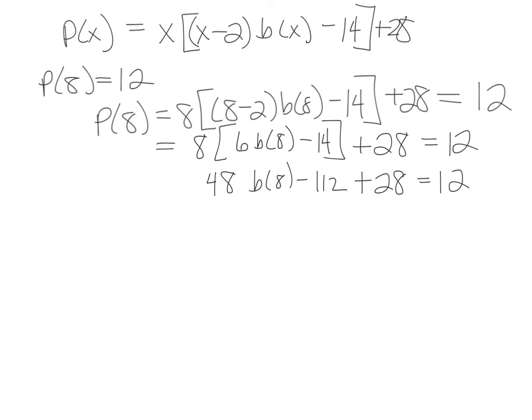Negative 112 plus 28 is negative 84. Add 84 to both sides. I have 96.